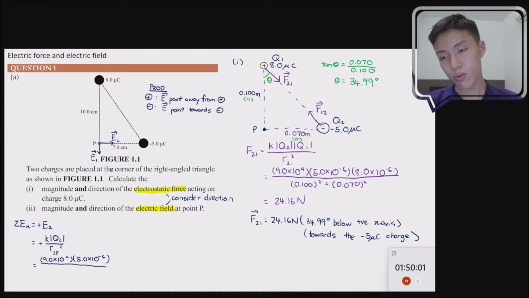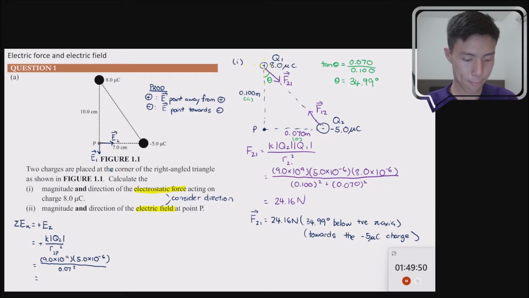R2P is the distance between Q2 and P, which is 0.07, squared. So our answer will be 9.184 times 10 to the power of 6 Newton per Coulomb.